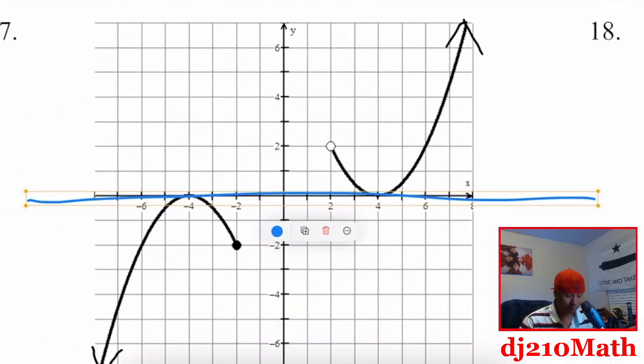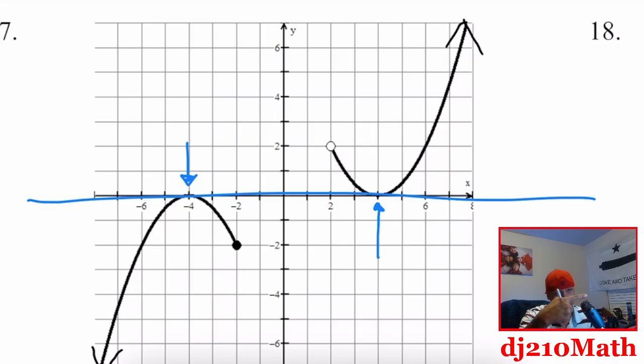However, right here, this is the greatest y value on the left. However, it just so happens that it's also the smallest y value for the right-hand side. So technically, they're kind of connected together.